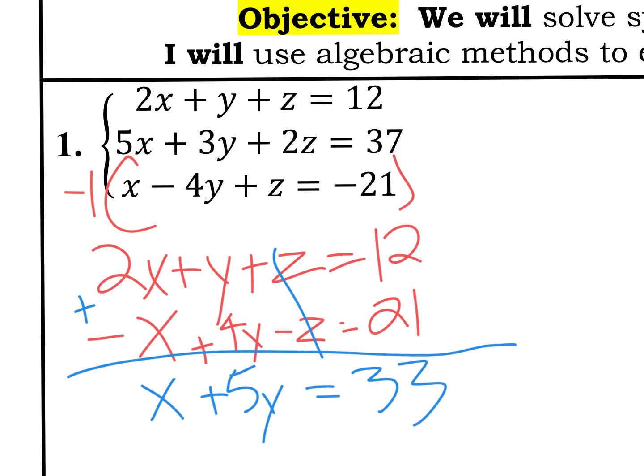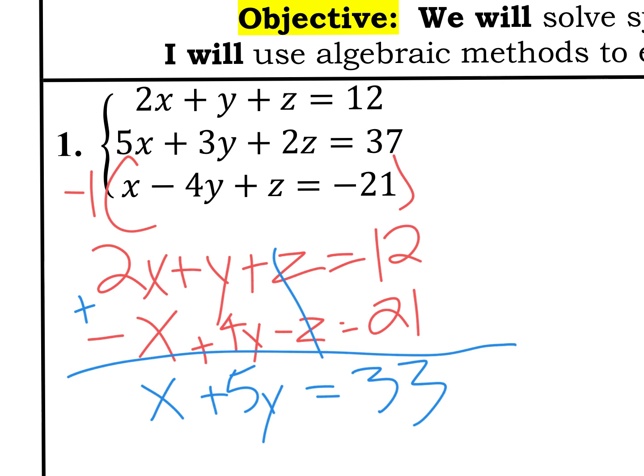What you'll want to do now is go back and eliminate the z variable with another equation. Okay, so I'm going to use the top two lines. So you can reuse this equation to help you eliminate the z a second time around. You just can't use the first and third equation again because that wouldn't really make any sense.